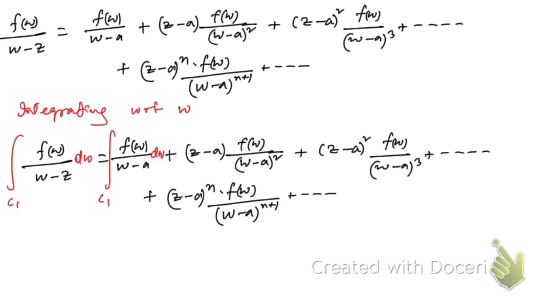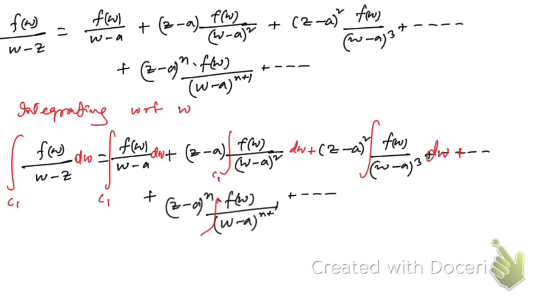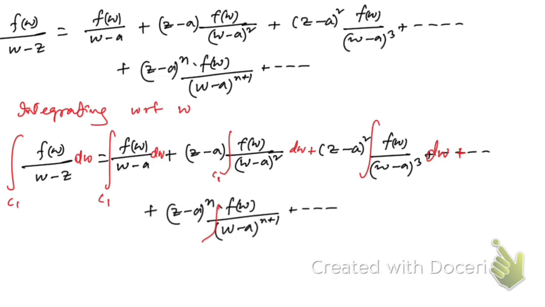We are integrating along c1, so right here c1 dw plus again integrate this, dw plus, so this can also be integrated along c1. So integrating this along c1, dw plus and so on. That's what we're gonna have, right?